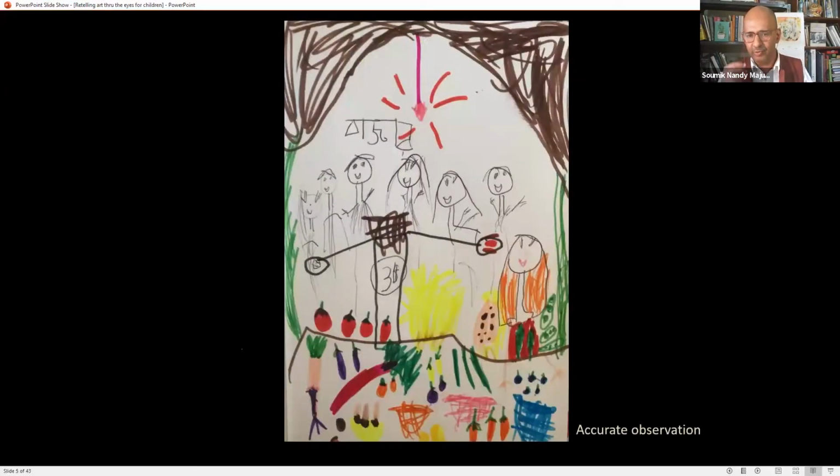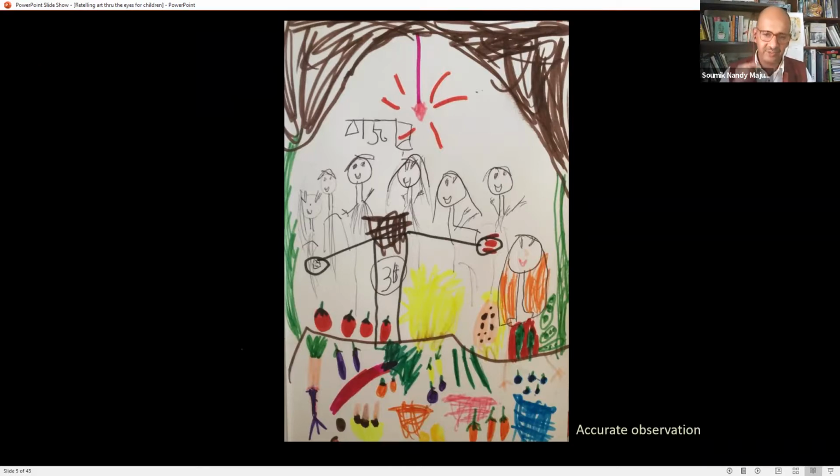But so many years back, in those early days, I started looking at child art with a slightly different viewpoint, mainly to gauge and understand their capacity as observers, how well they actually observe the world around them, despite their representational simplicity. I also observed the accuracy of the observations. For example, when you look at this painting of a bazaar, the small little market, each and every vegetable is actually recognizable.